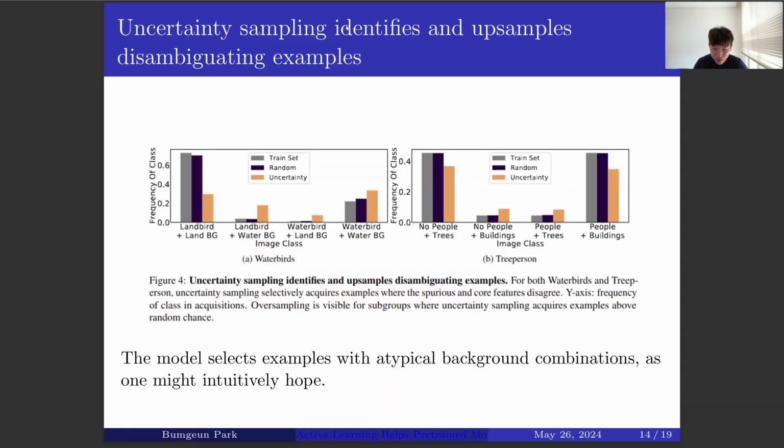The next observation is that uncertainty sampling identifies and upsamples disambiguating examples. The model selects examples with atypical background combinations, as one might intuitively hope. For example, in the waterbird example, the model identifies and upsamples the examples where the spurious feature and causal feature disagree.